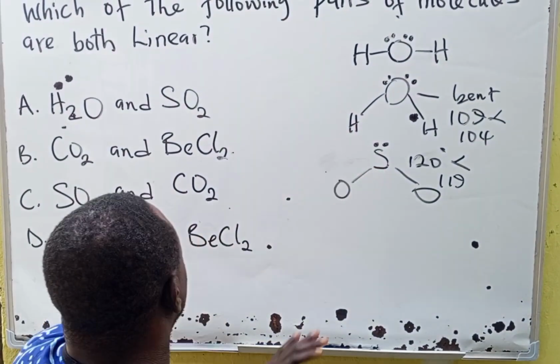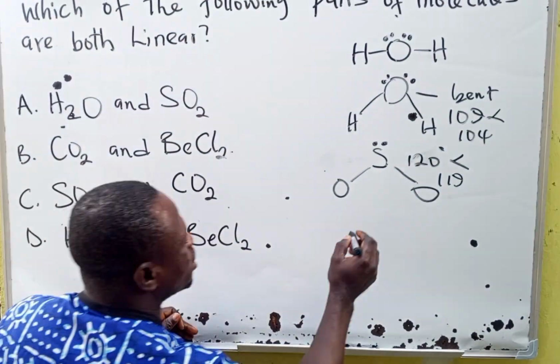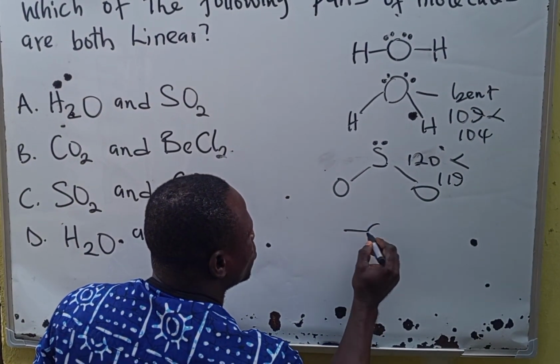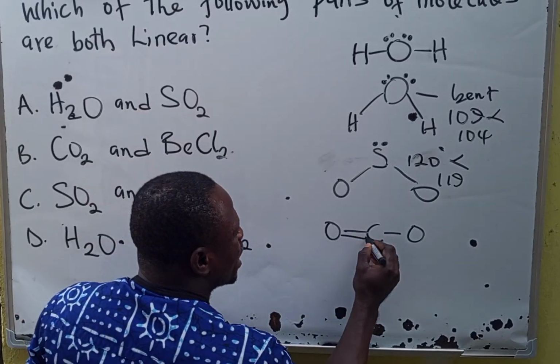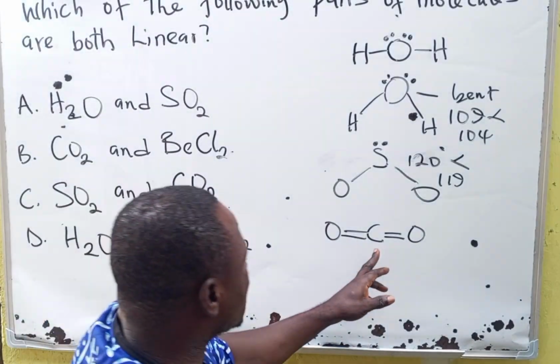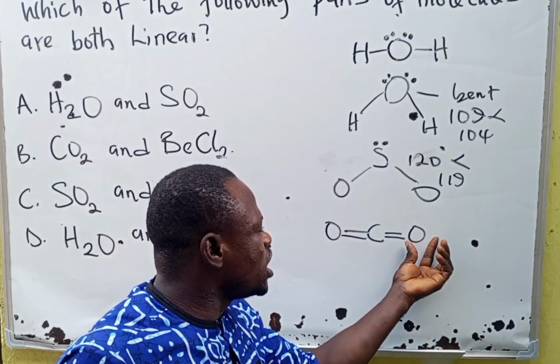Now, having established that, let's look at the shape of carbon dioxide. You have a central carbon atom, with oxygen here and oxygen here. The valence electron of carbon is 4, and oxygen is 6.